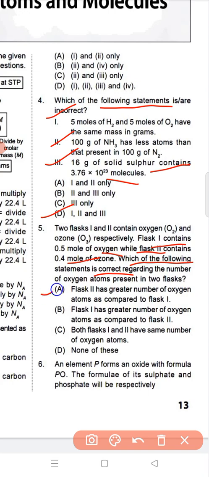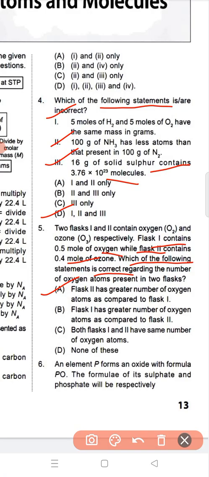So 5A is the correct answer: flask 2 has a greater number of oxygen atoms as compared to flask 1.